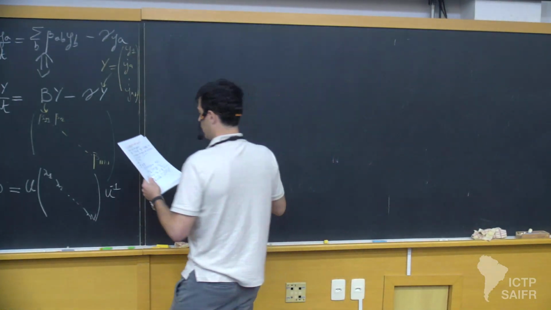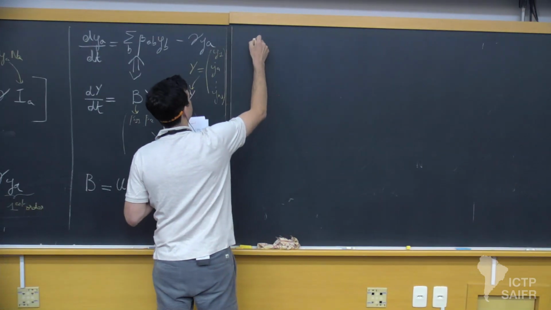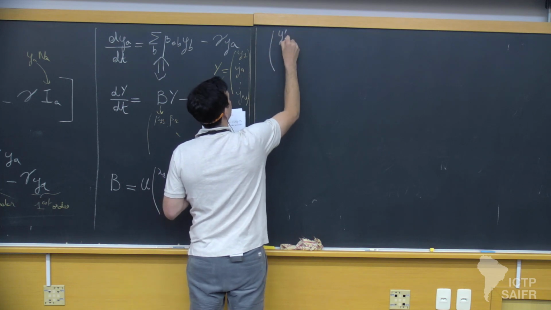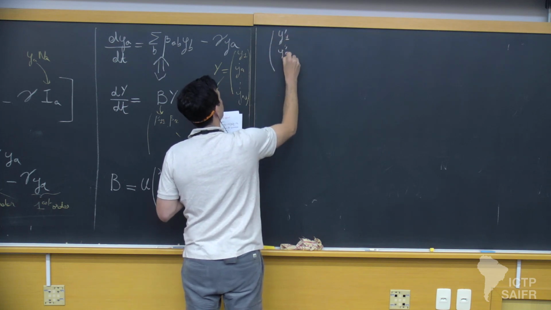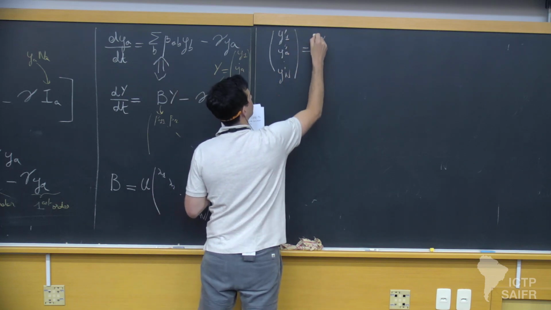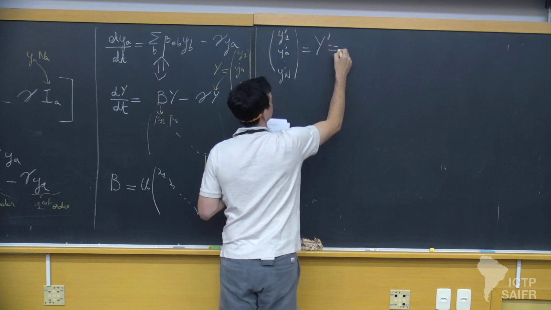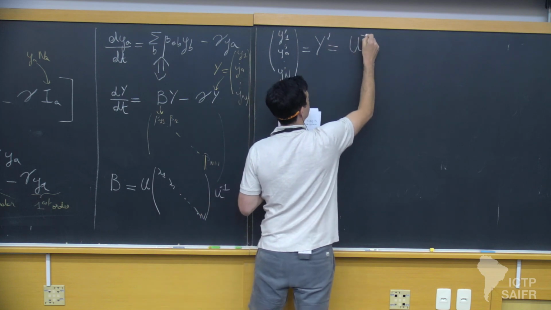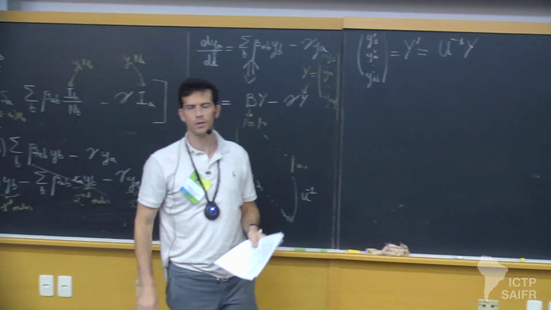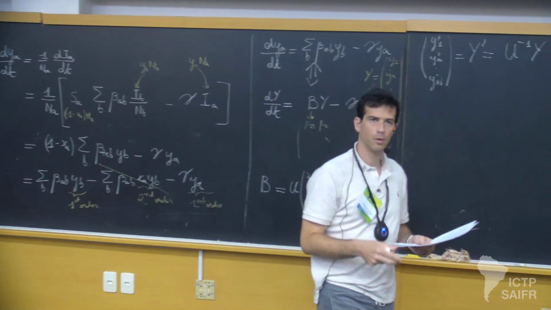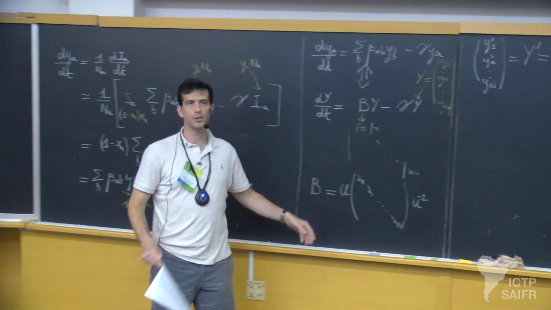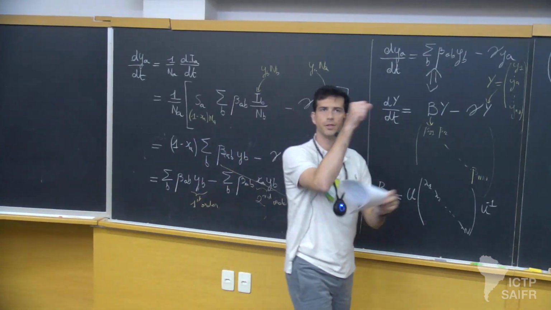So you can change your variables and define, for example, new variables Y'_1, Y'_A, Y'_n. This would be a new variable, capital Y prime, and I'm defining it as U^-1 times Y. So you multiply this square matrix by Y. These are your new variables. It's just a change of base. If U was an orthogonal matrix, it's a rotation, for example. So you're just rotating your base.